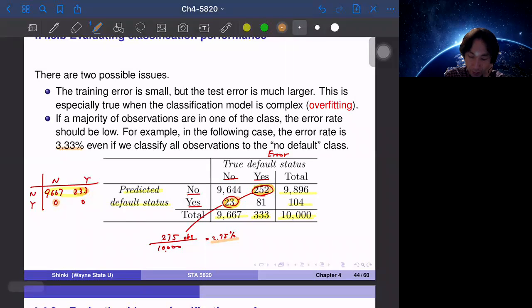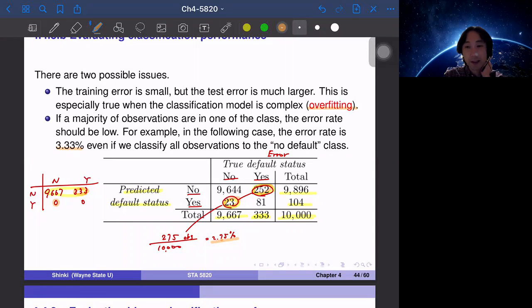Also, if we use the regression model, this may be due to overfitting. So from 3.33% to 2.75%, we improved about 0.5 percentage points, but that may be due to overfitting. If we have the 10,000 observations beforehand, then we make a regression model.